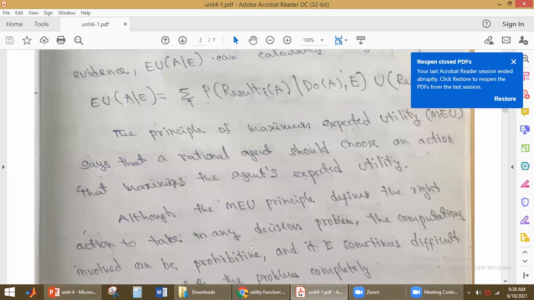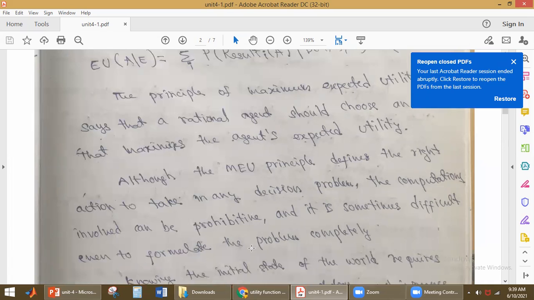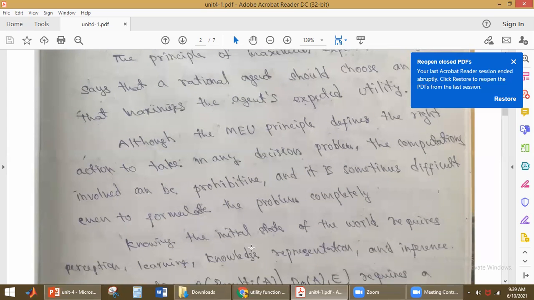Now, what does the maximum expected utility principle define? It defines the right action to take in any decision problem. The computations involved can be prohibitive, so there are a large number of computations.